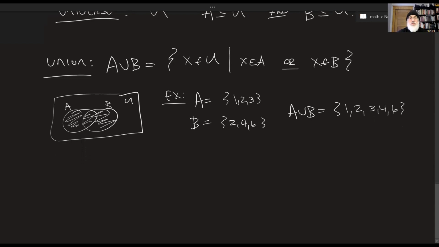That's the union of A and B in our example. That's the definition. Again, note that union is equivalent to an or statement. This is handy if you're going to study symbolic logic, in that the logical or is the same as a union.